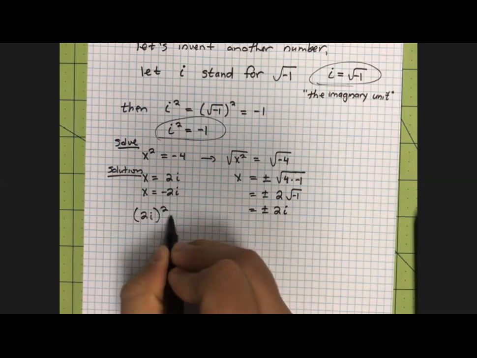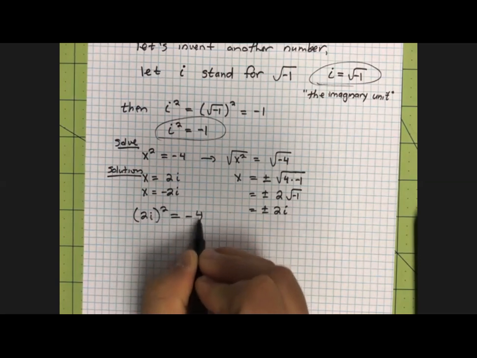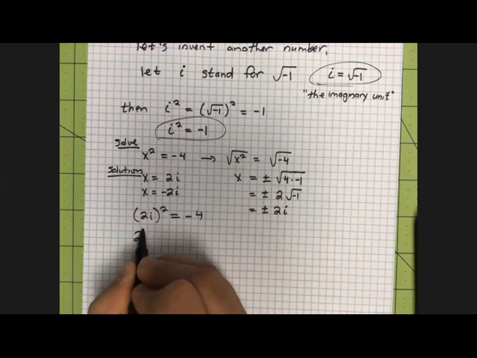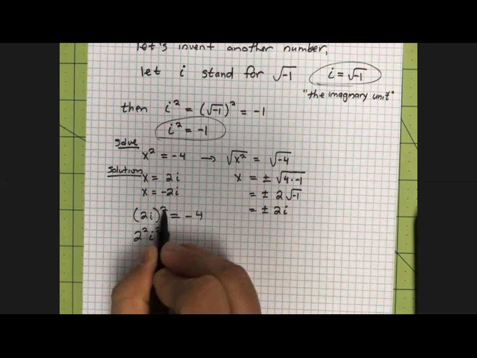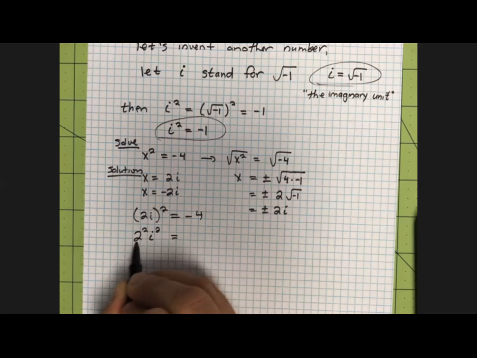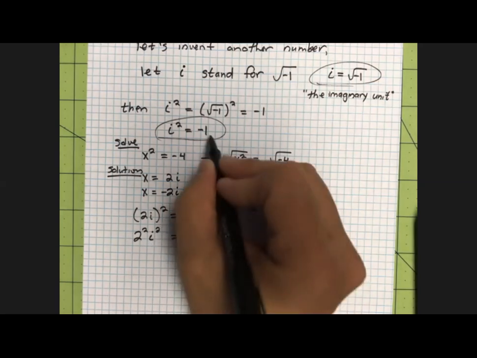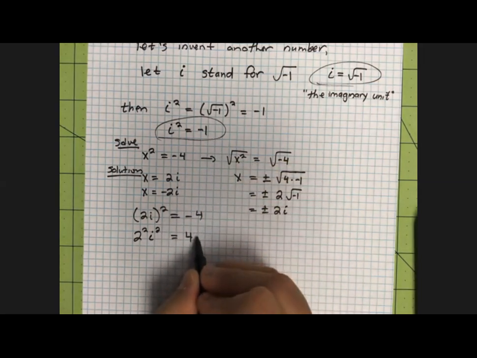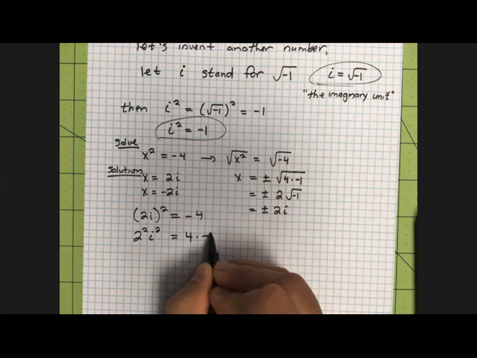2i squared, is it really minus 4? Well, I'll square the 2 and square the i. When I'm multiplying, I'm allowed to square both pieces like this. Squaring the 2 gives me 4. Squaring the i gives me minus 1, because that's what we invented.